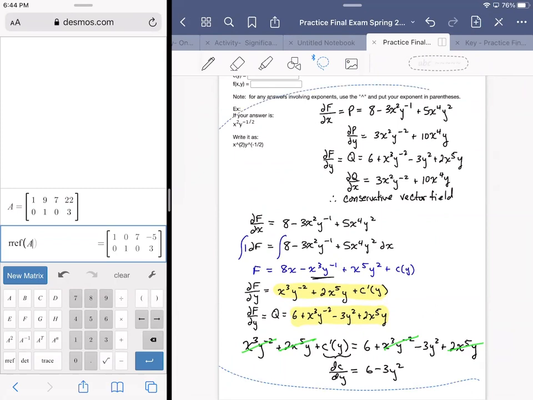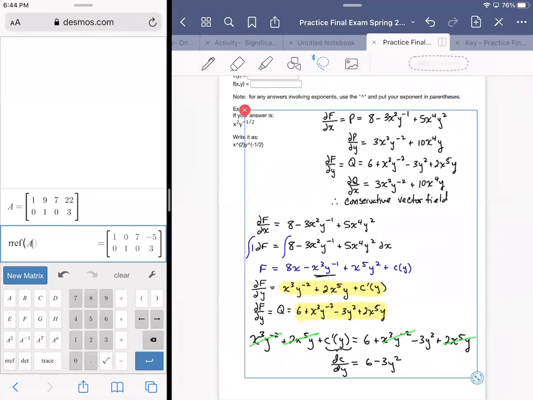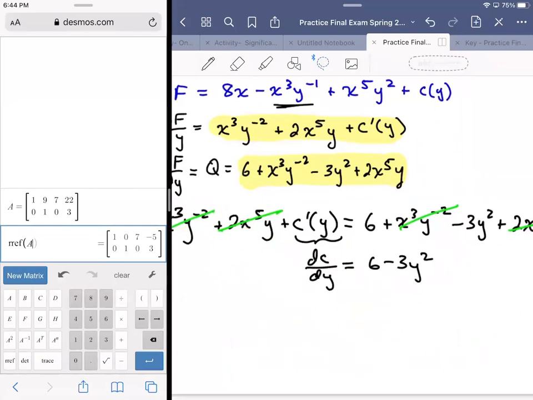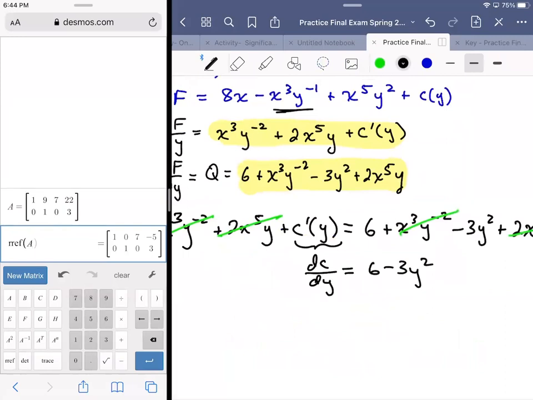Another differential equation that can be solved by getting it into differential form first. So dc would be equal to 6 minus 3y squared dy. Integrate both sides. 1 goes to c.